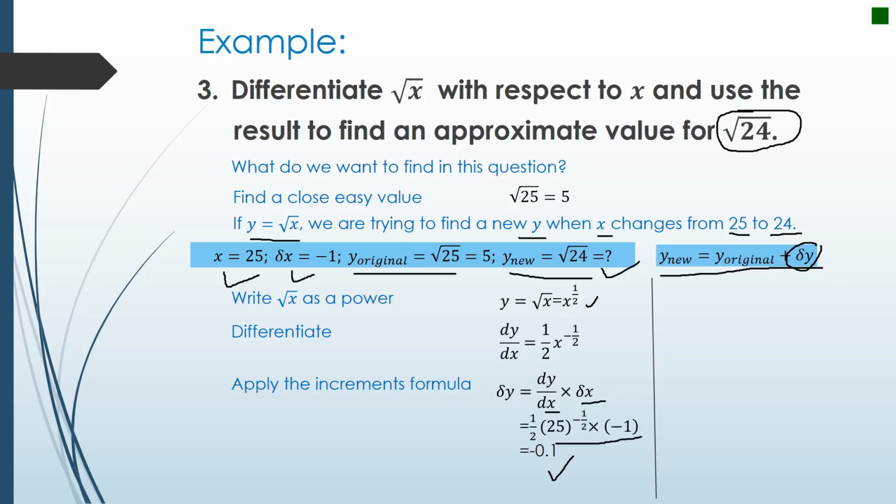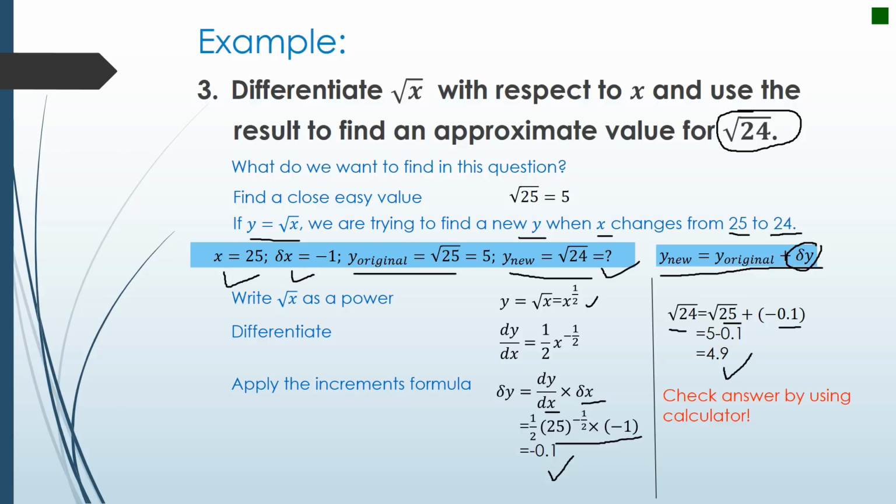Now we need to find the new y, which is square root 24, and we know that the new y is the original y plus the small change in y. So by doing the calculations, we know that square root 24 is approximately equal to 4.9.